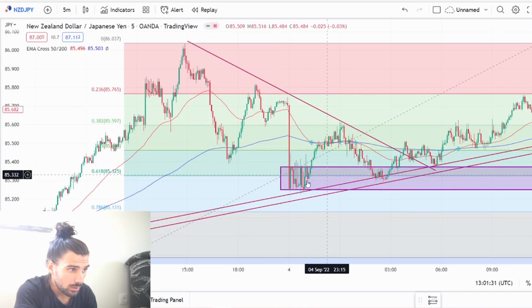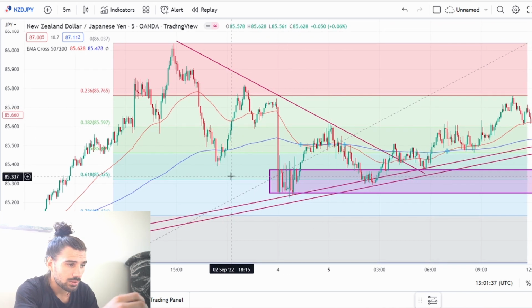So I want the market to come back to these wicks. Here we have 1, 2, but in this case on the 5-minute chart I can't 100% find the entry that I'm interested in, so I go even lower, and now we take the 3-minute chart.